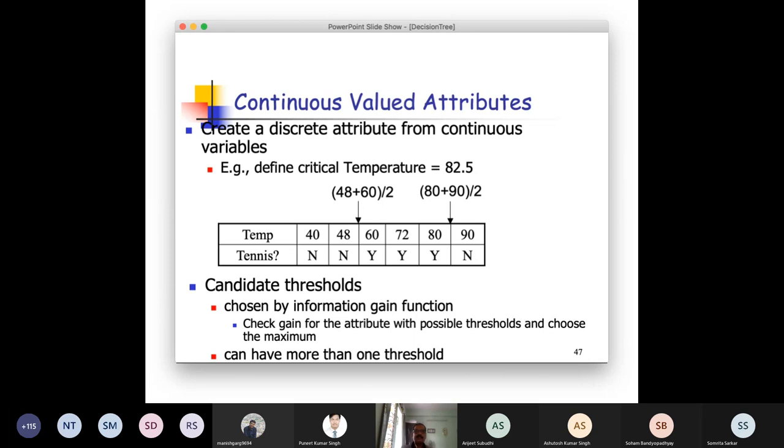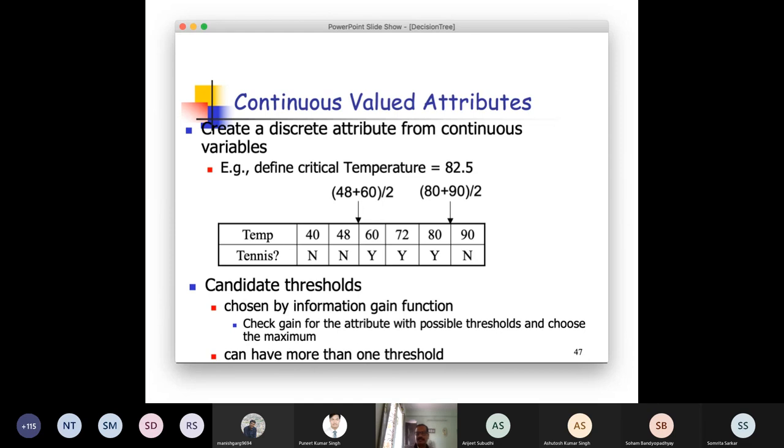So these are certain things in your technique that you need to consider when you are choosing the discretization with respect to class distribution itself, or level distribution itself. So that is what is chosen by the information gain function. There also you can use information gain by choosing that level which is giving maximum information gain, or you can have more than one threshold and you can look at the information gain.